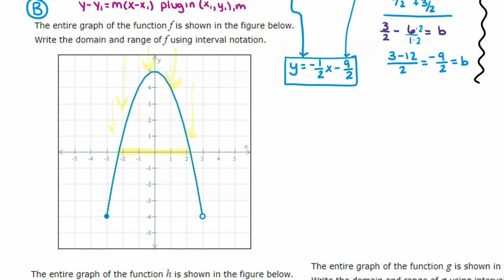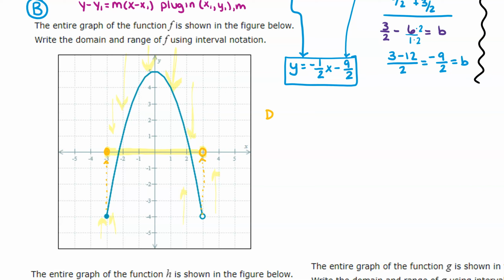And then when I go upwards, when I shine my light from this side, this will shine from -3, and this side will shine up to +3. Now, very important, this guy's x value was open versus this guy's x value is closed.